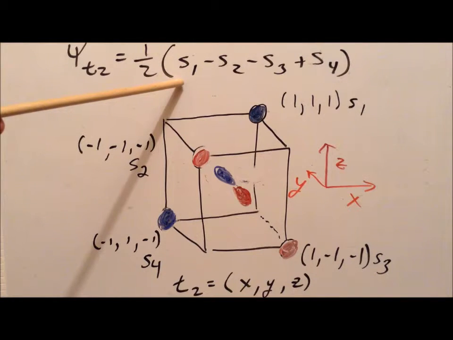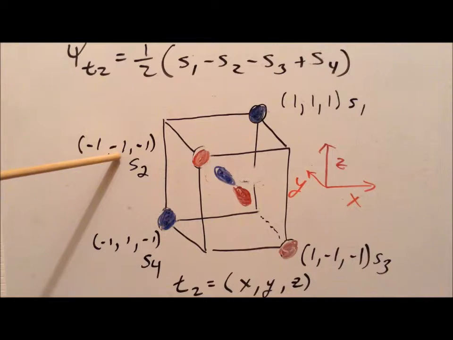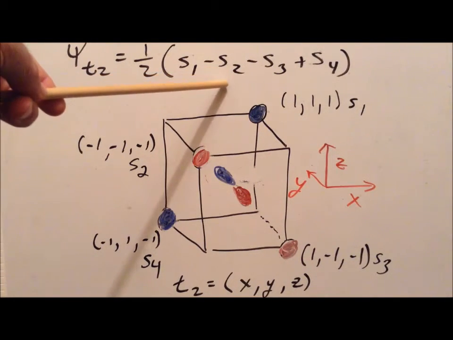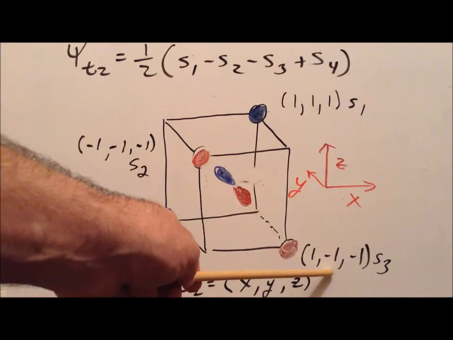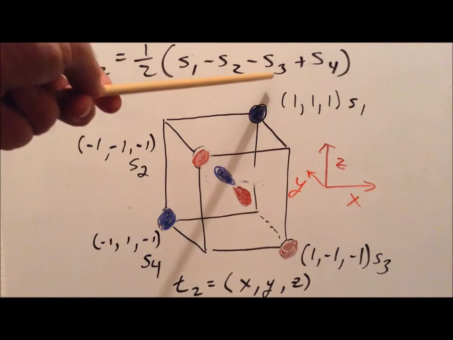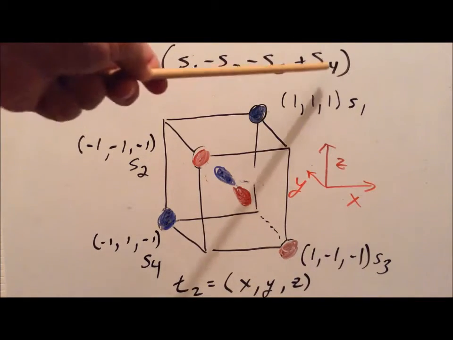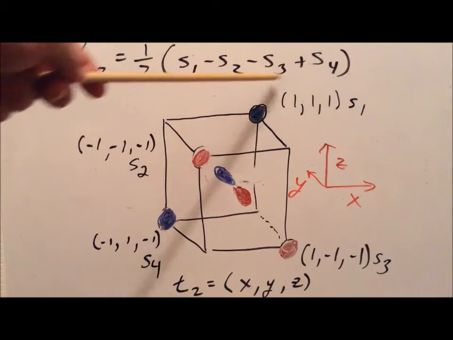That's why we have plus S1. For S2, the y coordinate is a minus 1, therefore the coefficient is a minus 1. For S3, the y coordinate is a minus 1, therefore the coefficient is a minus 1, so we get minus S3. And for S4, the coordinate is a plus 1, therefore the coefficient is a plus 1. So we get S1 minus S2 minus S3 plus S4.